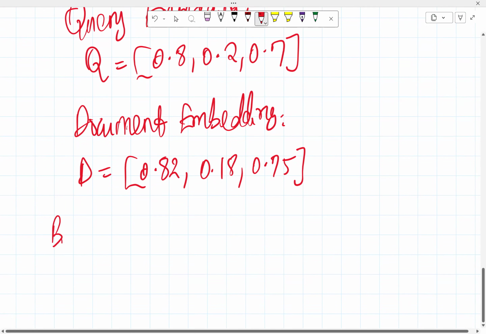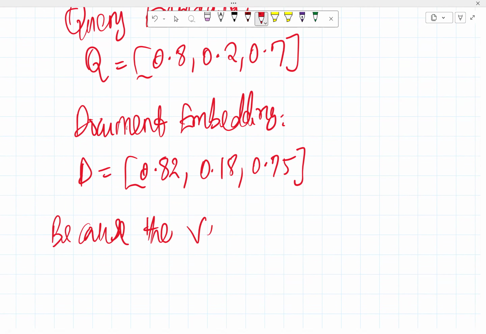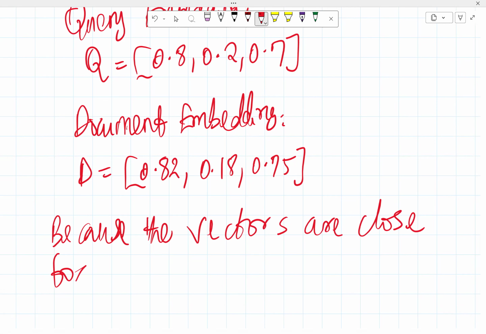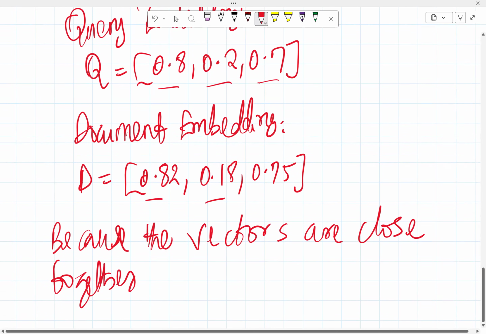Now, because the vectors are close together, as you can see, 0.8 to 0.82, 0.2 to 0.18, 0.7 to 0.75.